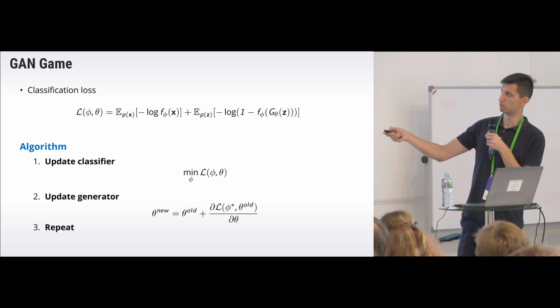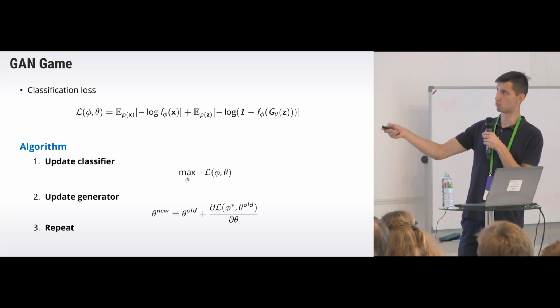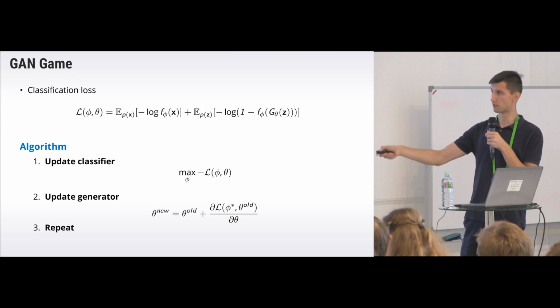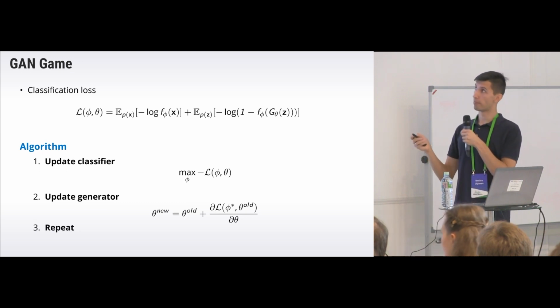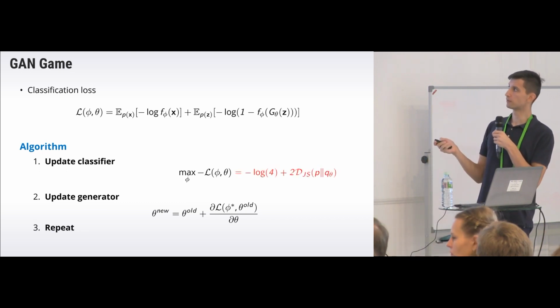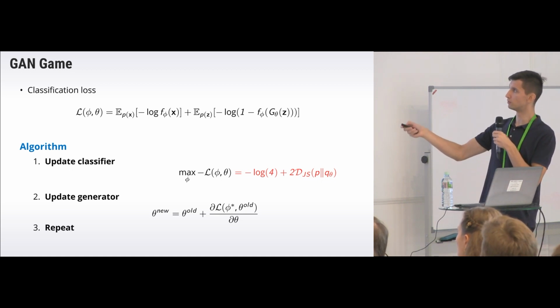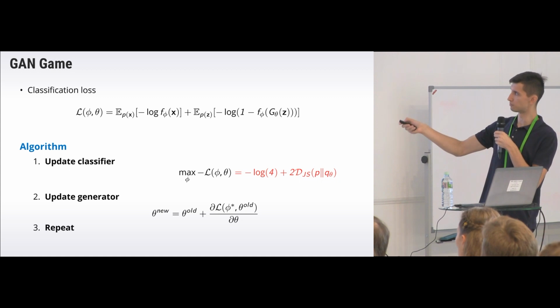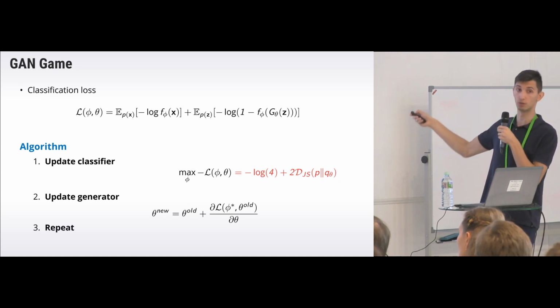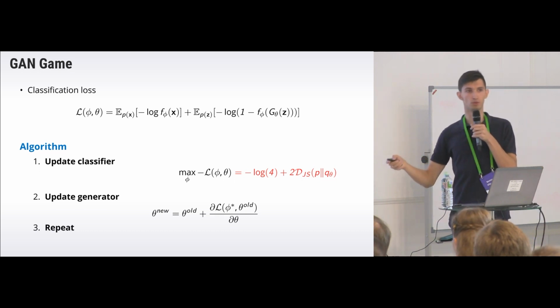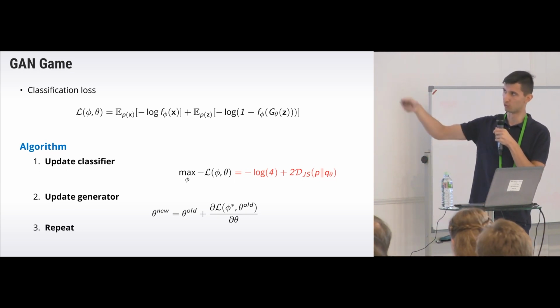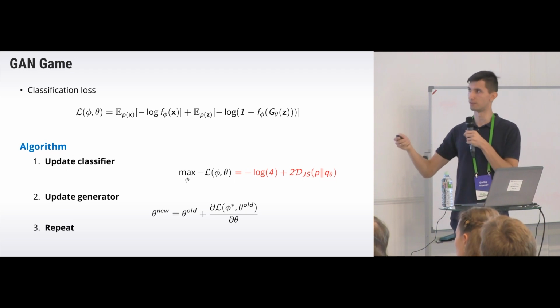Instead of minimum of L, it will be a maximum of minus L in here. Nothing changes. What is interesting is that this maximum turns out to be equal to a constant plus 2 divergences between P and Q. That is very similar to the feedback variant that I've shown you.